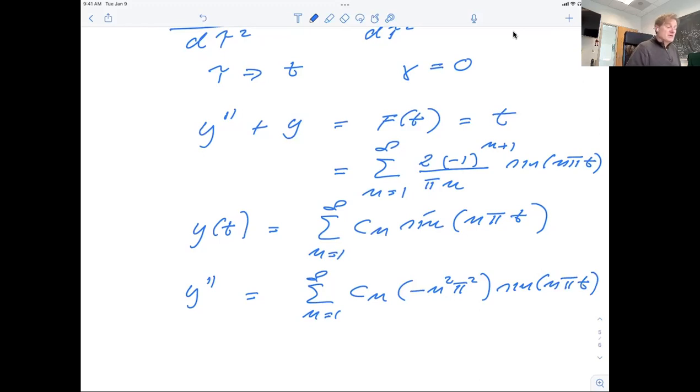So what I do next now is simply to equate the different terms in the sum. So what I'm simply going to do now is to plug this one into the left-hand side. And I'm going to plug this one into this equation for the second derivative with respect to time. And I'm going to equate the terms in the series.